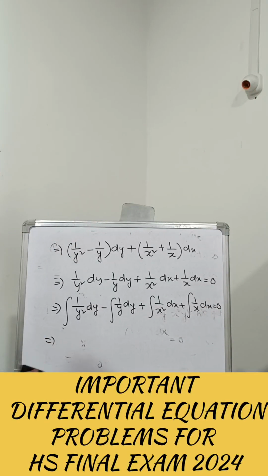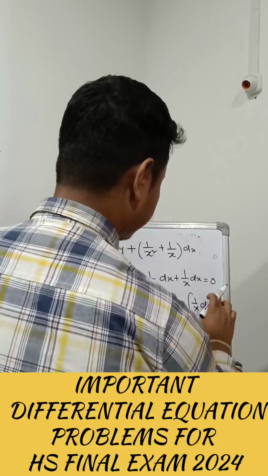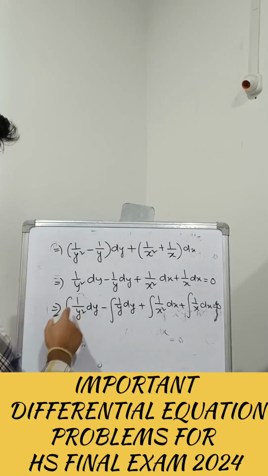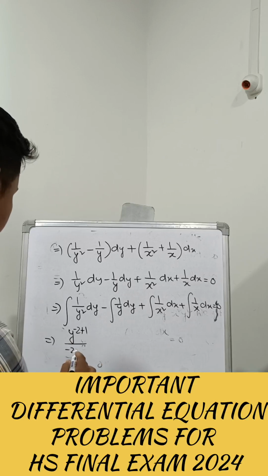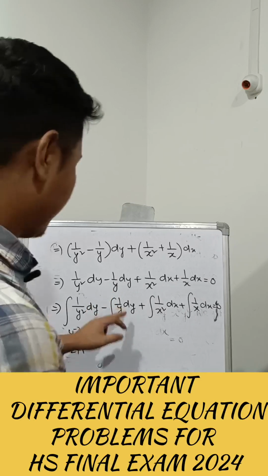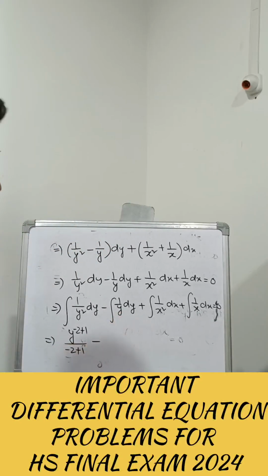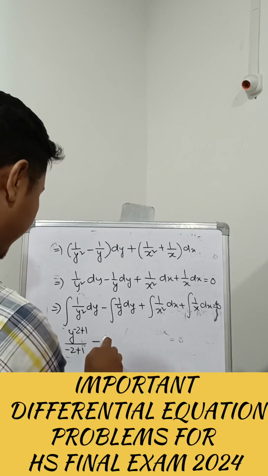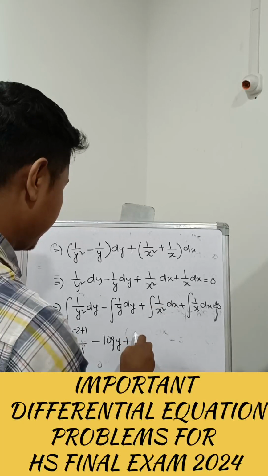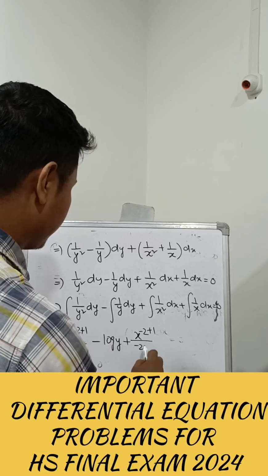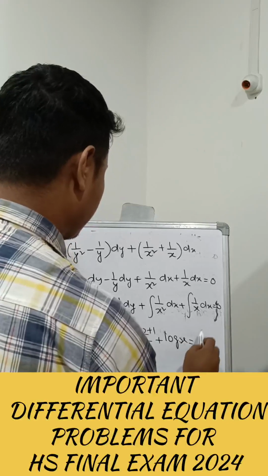Now we are going to solve all these integrations. Integration of 1 by y square dy will be y to the power minus 2 plus 1 divided by minus 2 plus 1, and integration of 1 by y dy, by using the formula for integration of 1 by x dx, that is log of x, will be log of y. Plus the value of this integration will again be x to the power minus 2 plus 1 divided by minus 2 plus 1, plus log x, equal to an integrating constant.